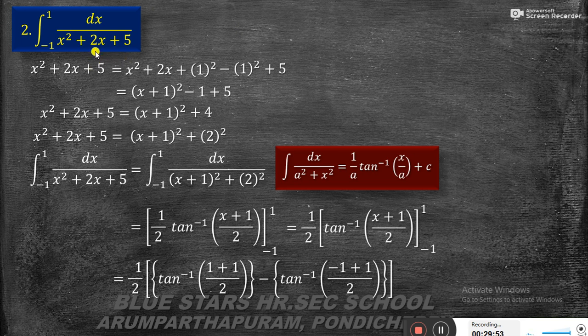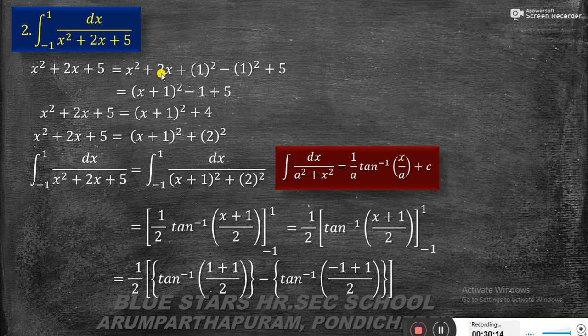So here you take the denominator, x square plus 2x plus 5. We add and subtract 1 square: x square plus 2x plus 1 square minus 1 square, again plus 5. Now in the next step, x square plus 2ab plus b square, a equal to x, b equal to 1.